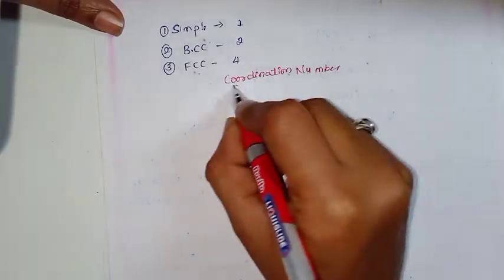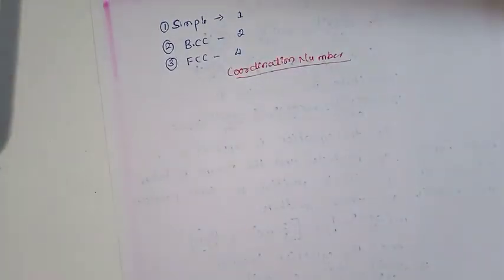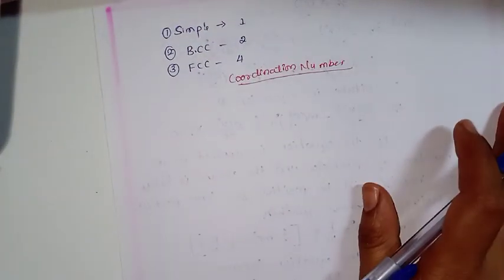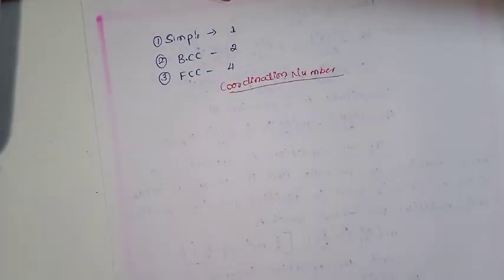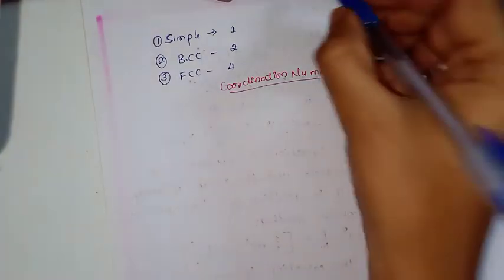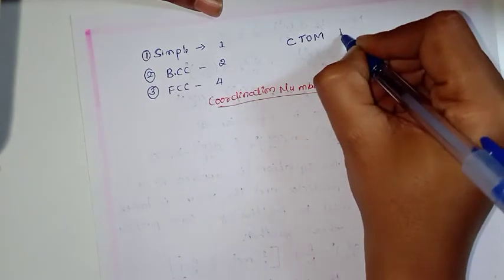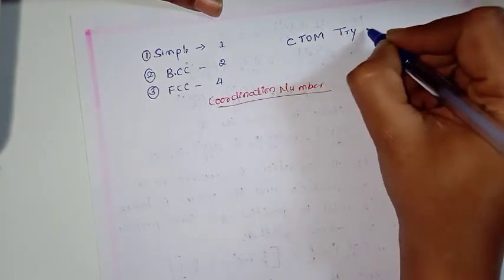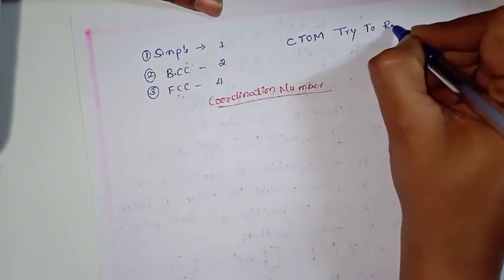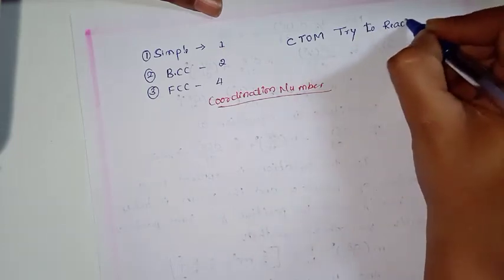Coordination number. Okay, before going to learn about coordination number, how do we memorize the 7 crystal systems? See Tom, try to reach your heart.